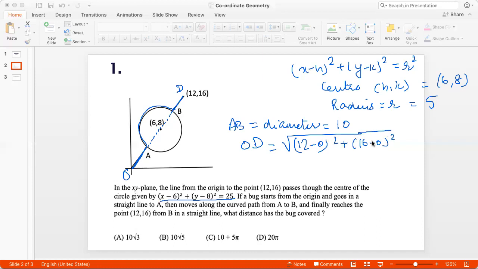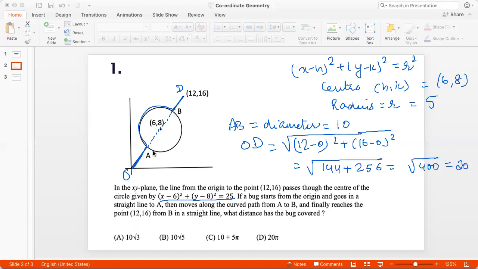This is the distance formula. And that would be square root of 144 plus 256, which is square root of 400, which is 20. So if it had gone straight from O to D through the circle, it would have traveled 20.